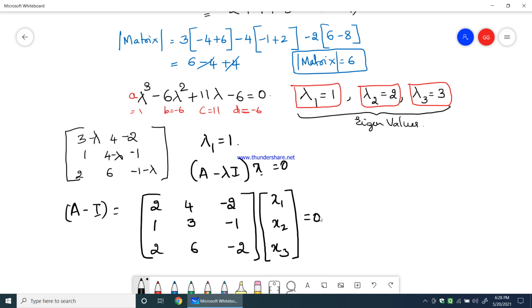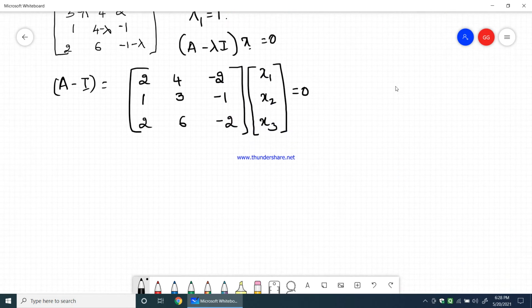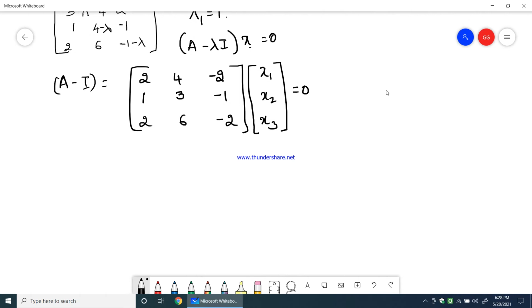Now with this matrix, let us see how to find out the eigenvectors. So here I'll just write the equation first. I'll say 2x1 plus 4x2 minus 2x3 equals 0. Then I'll say x1 plus 3x2 minus x3 equals 0.